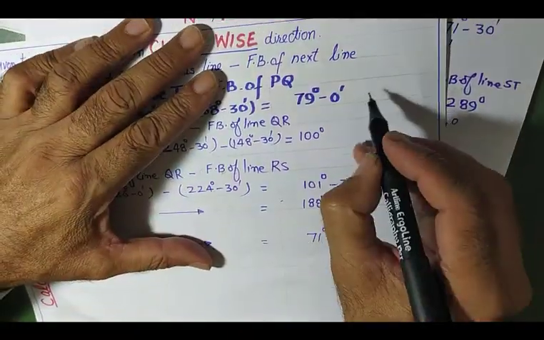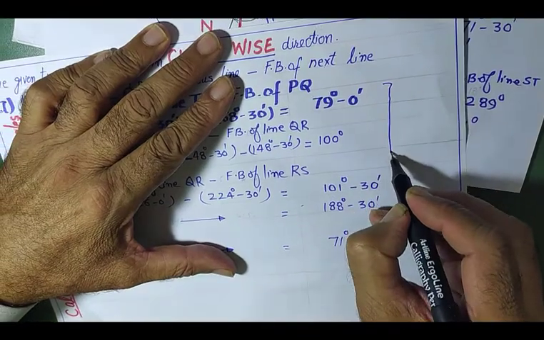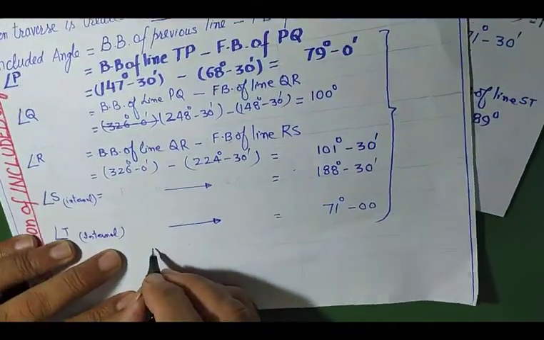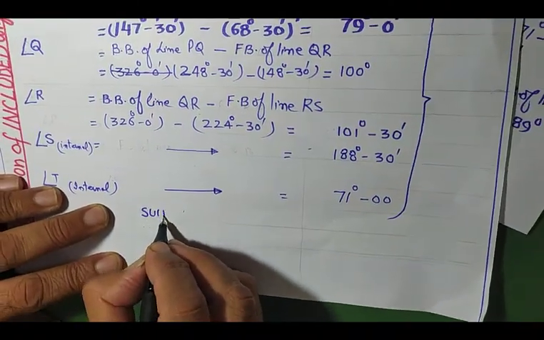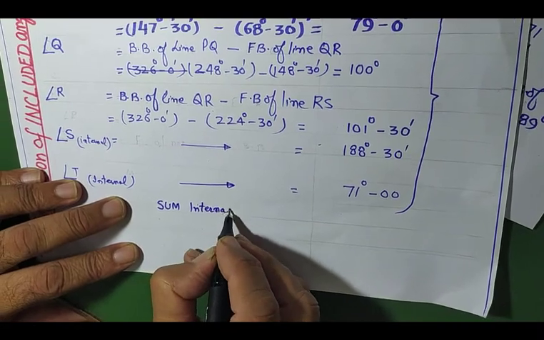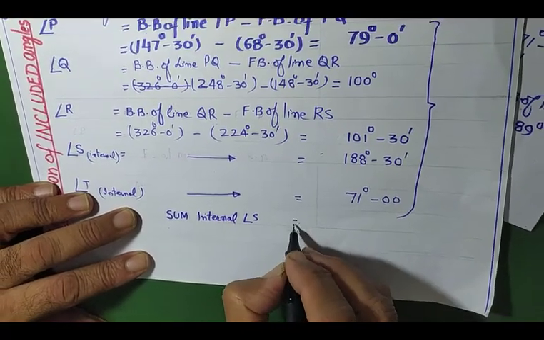So we have the 5 angles over here. Sum of internal angles is given by this.